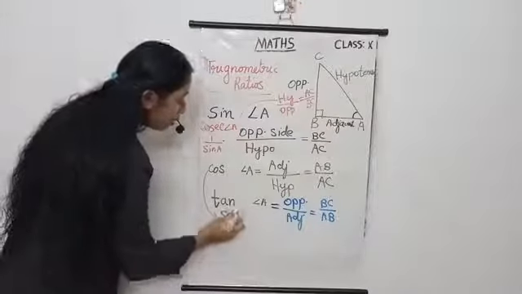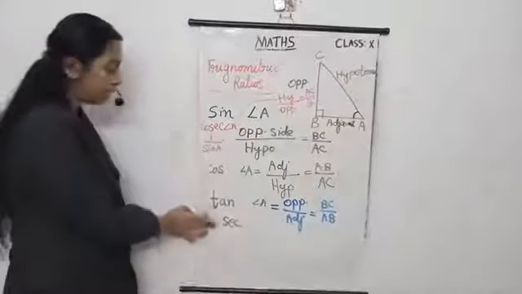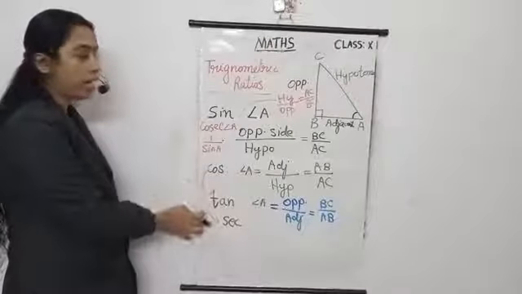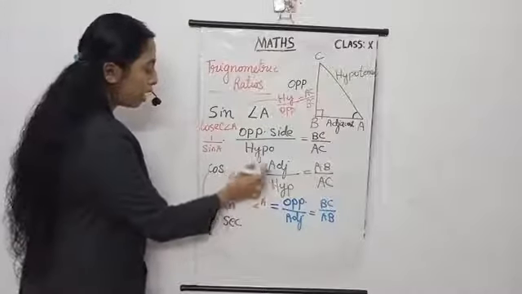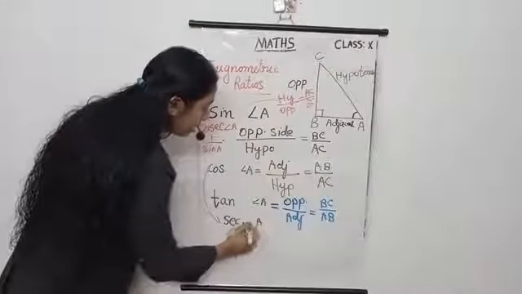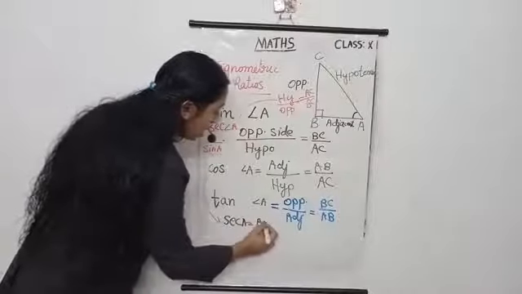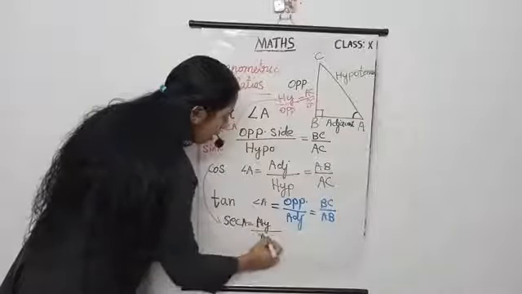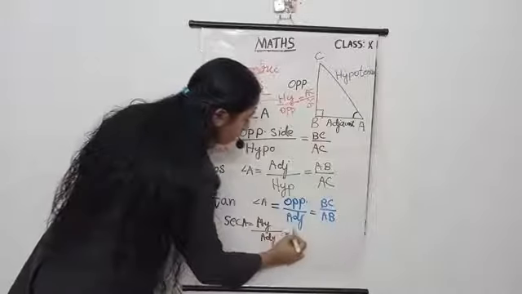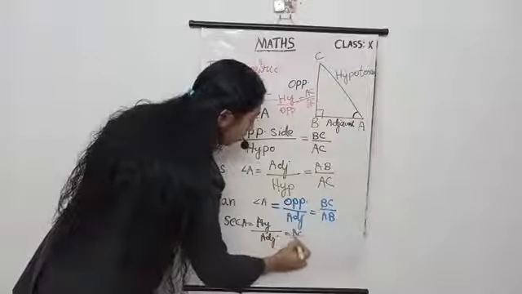So sec is 1 by cos A, the reverse of that, that is hypotenuse by adjacent. Sec A is hypotenuse by adjacent, and this is equal to AC by AB.